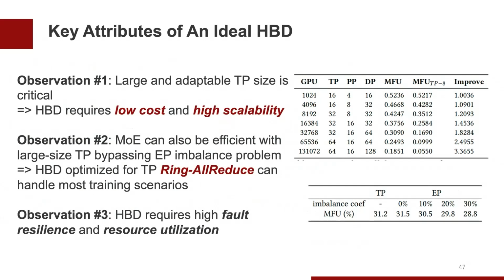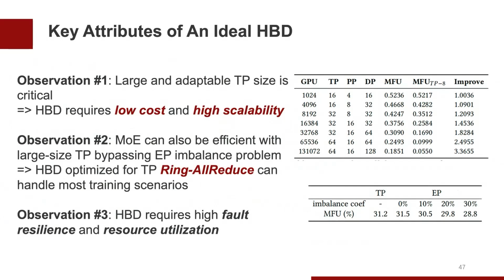Second, this is for the dense model. We also explore recent advances for sparse models such as MoE. Due to the load imbalance issue for MoE, these MoE models can still be efficient with a larger TP size. This is surprising.